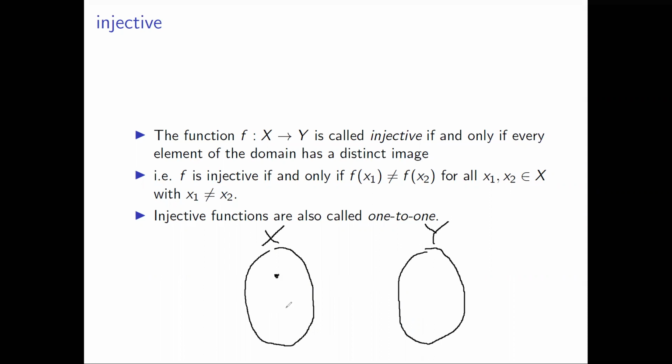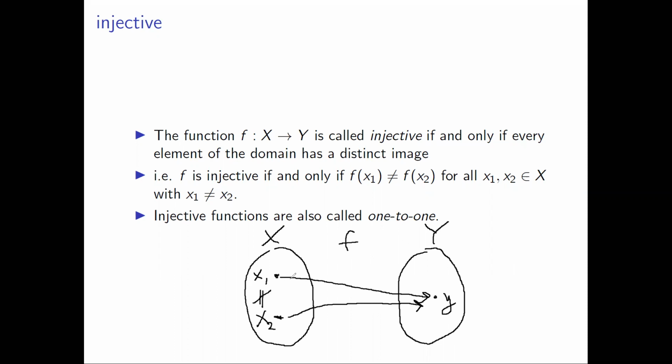Let's say we have some distinct x1 and x2 in big X. They're not equal to each other, which is why I drew them as different points. And then let's say we have some y over here. We can draw our f.